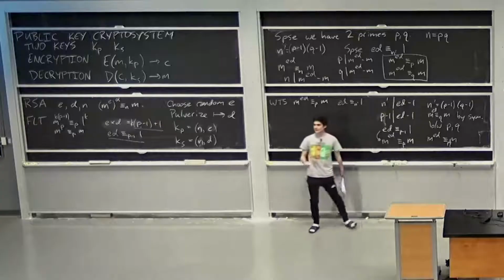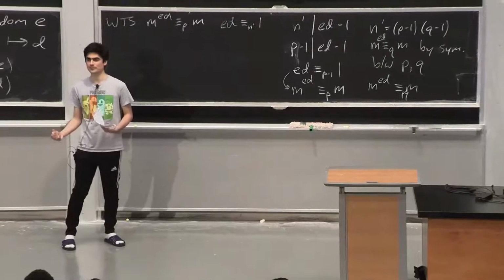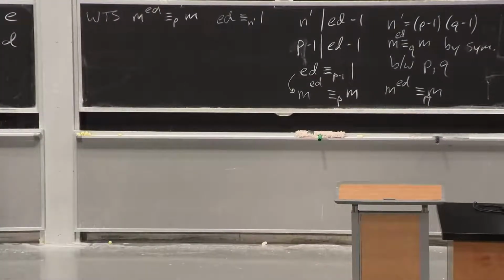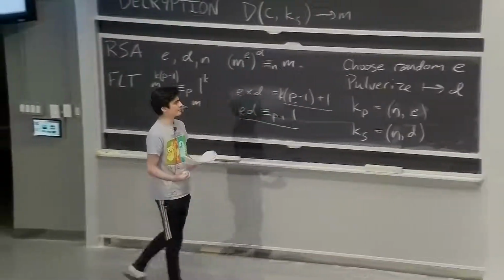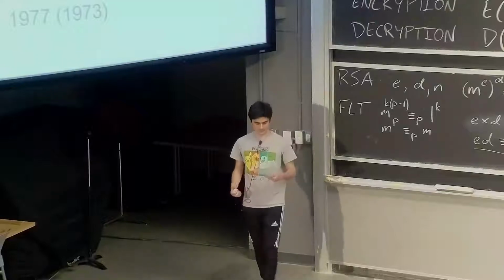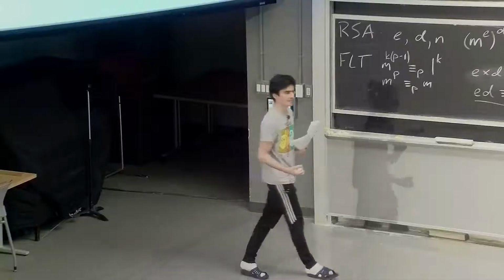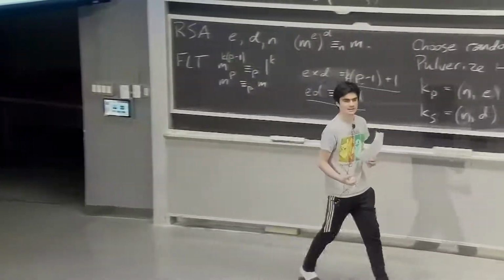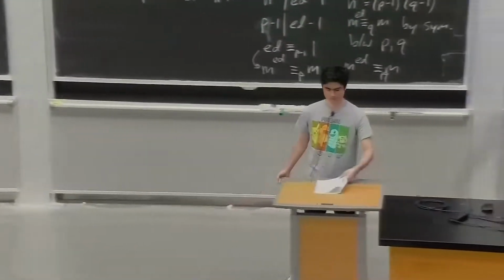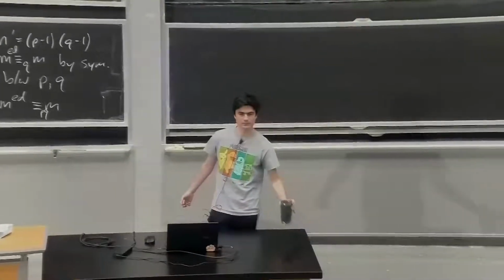This here is saying that ed has that form. It's some multiple of p minus 1 plus 1. So basically, we're applying FLT repeatedly, just as we did over here. Okay, are people reasonably happy with this?